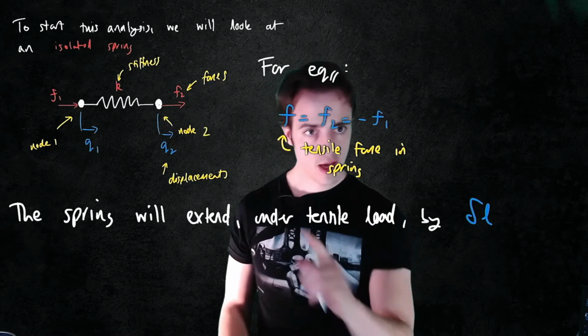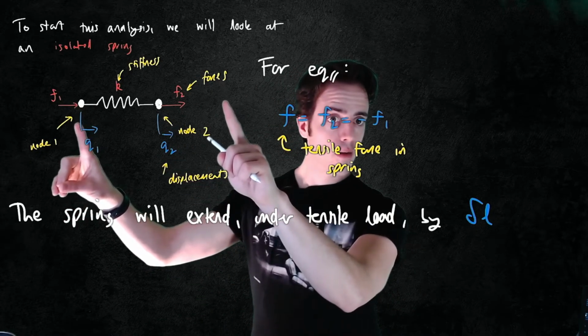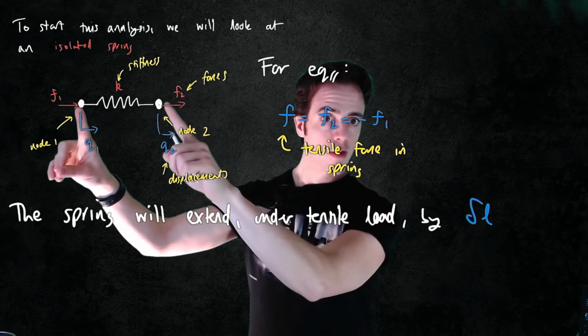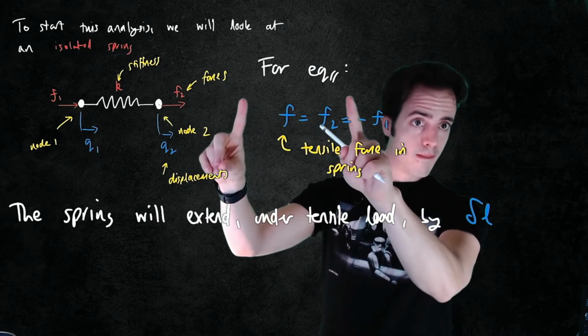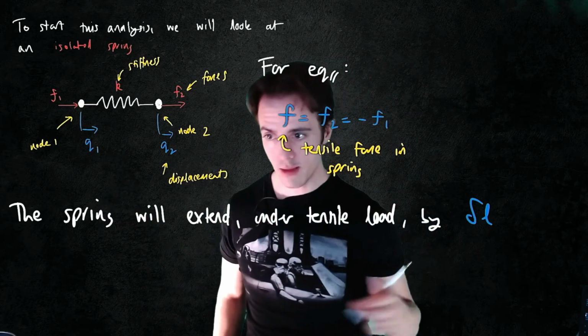And hopefully you can see that that's just going to be equal to however much Q2 extends minus however much Q1 extends. So if these two are the same amounts, the spring has just been translated, which means it hasn't extended at all. So Q2 minus Q1 is equal to delta L.